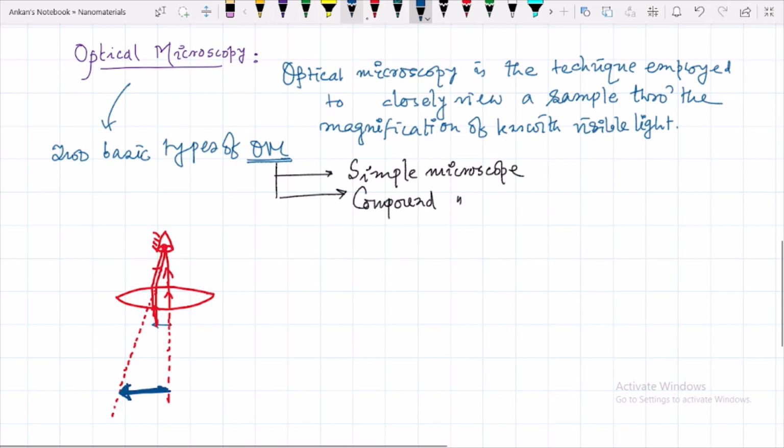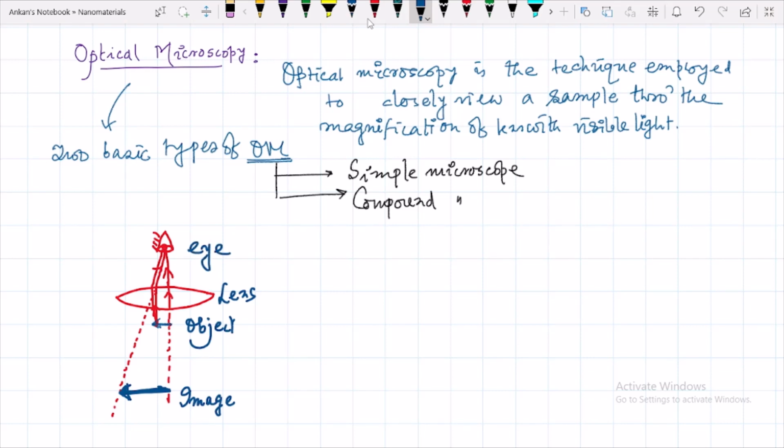So the object was placed here, and we get the magnified image of the object here, which is an erect and virtual image. This is the object, this is the lens, this is the eye.